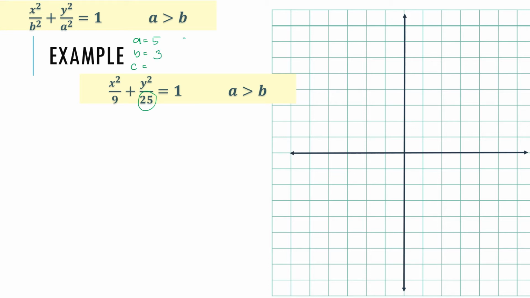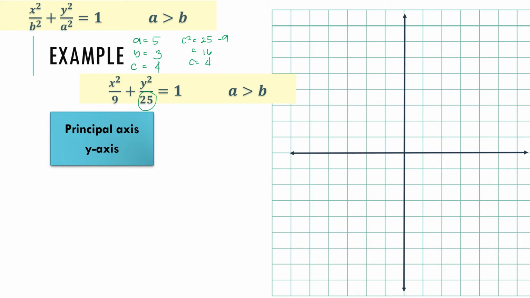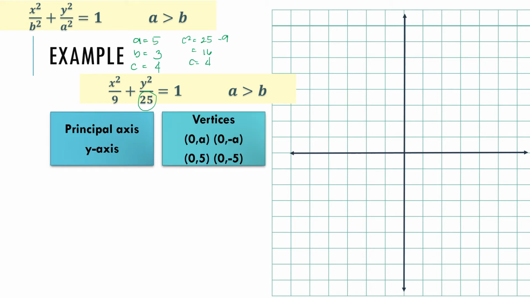Computing for C, we have C squared equals A squared minus B squared. So 25 minus 9 is 16. Our C is 4. Kailangan natin ng principal axis lagi. So since ang ating A ay naka Y, our principal axis is the y-axis.